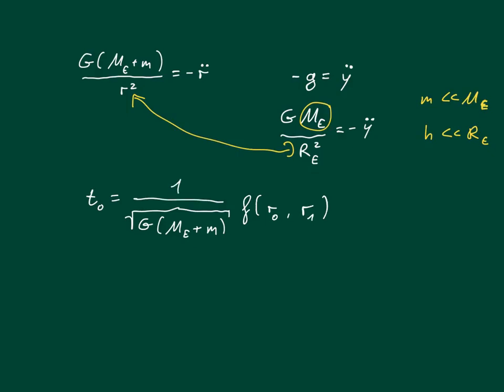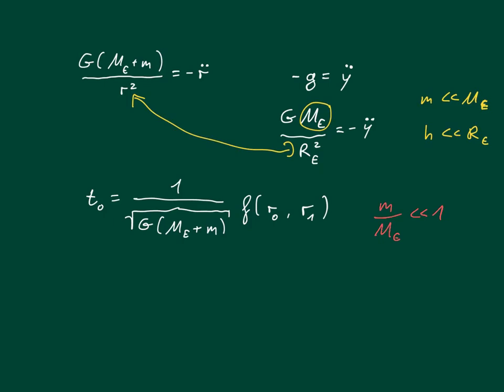To see the mistake we did in our very first approach, we can Taylor expand t0, and the Taylor expansion is with respect to the ratio between m and M_E, which is assumed to be much smaller than 1.